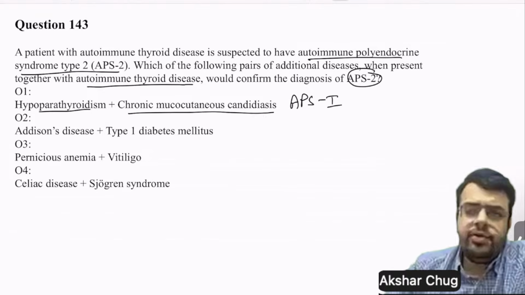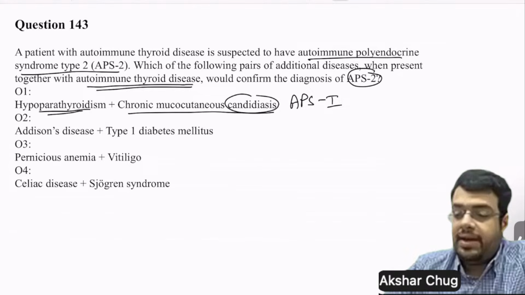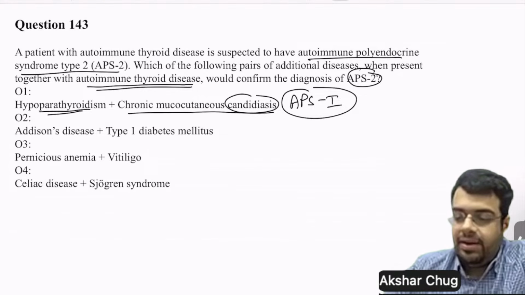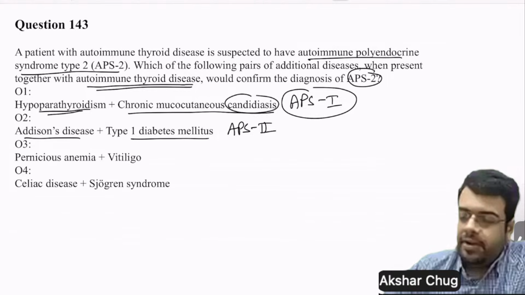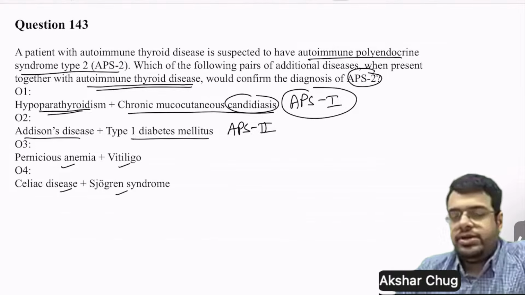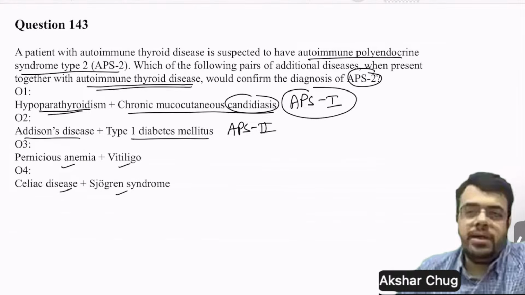Whenever you hear candida along with hypoparathyroidism, think APS type 1. Whereas if you see Addison's and type 1 diabetes, it is classically associated with APS type 2. Pernicious anemia, vitiligo, celiac, and Sjogren's are also autoimmune conditions, but they are not in the spectrum of APS1 or APS2.